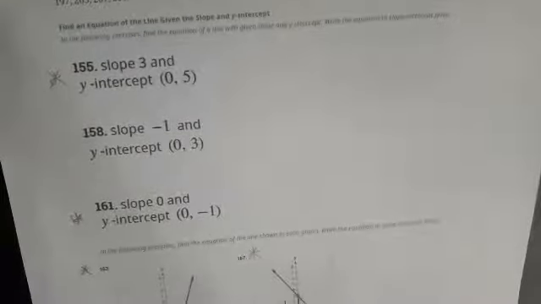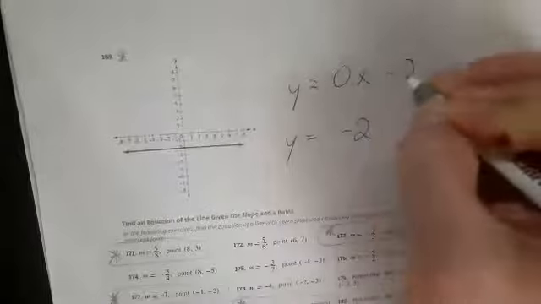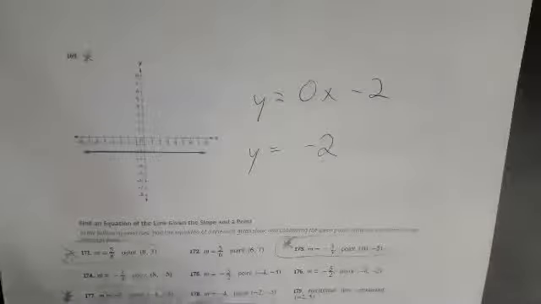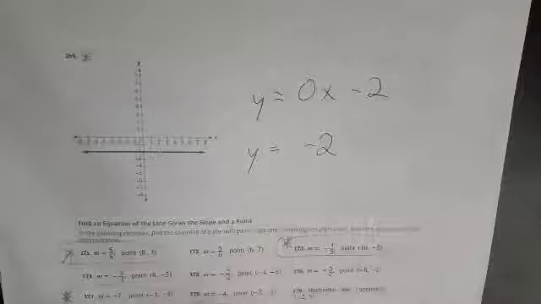Is it okay if we just wrote no slope, but we put the y-intercept in though? What they just asked you for is slope-intercept, right? Right. So if you put y equals 0x minus 2, I would say, okay, if you did that initially, I probably wouldn't take off any points.